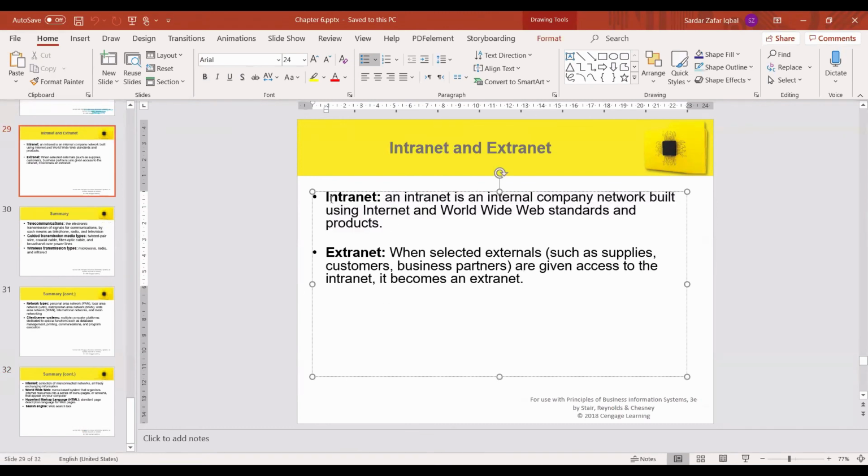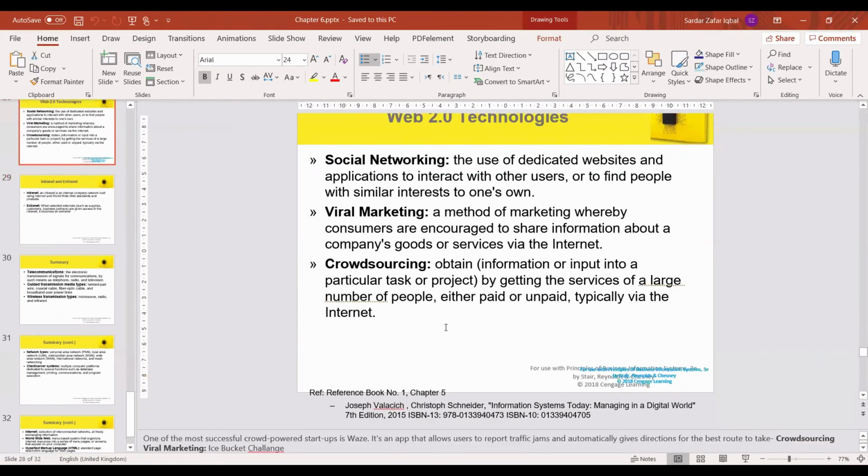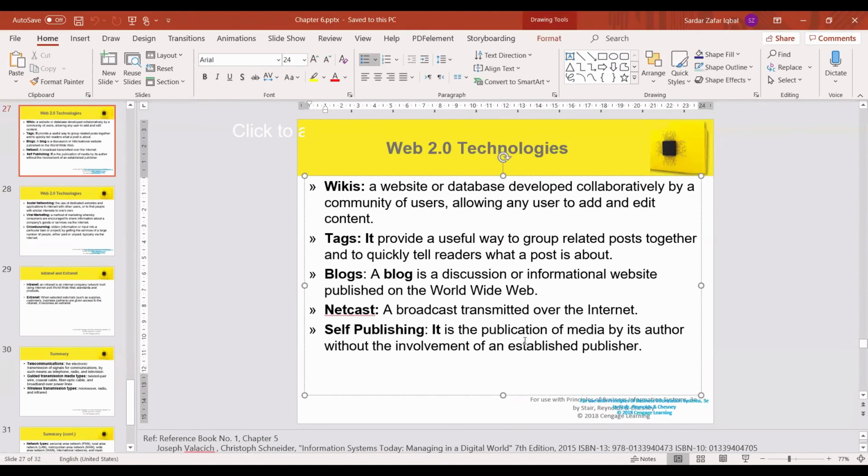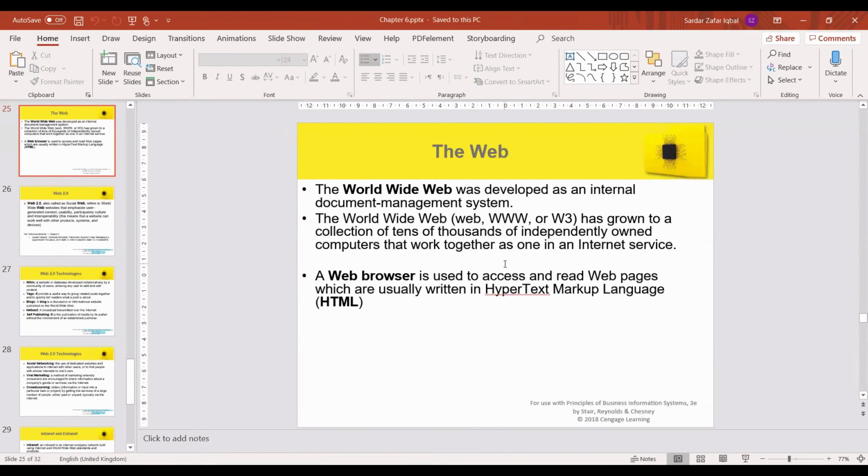Maybe I gave you what is the difference between intranet and extranet. You need to define. Maybe I gave you write the names of Web 2.0 technologies. Write some 3 names, 3 technologies. So you can write just names like wikis, tags, blogs. Okay.